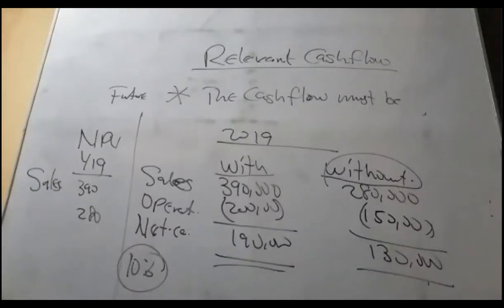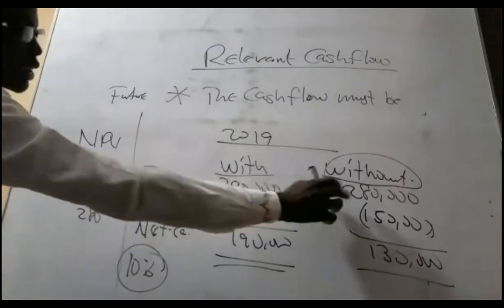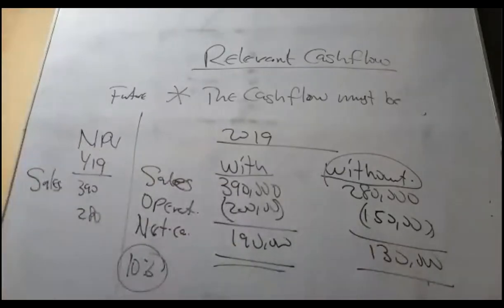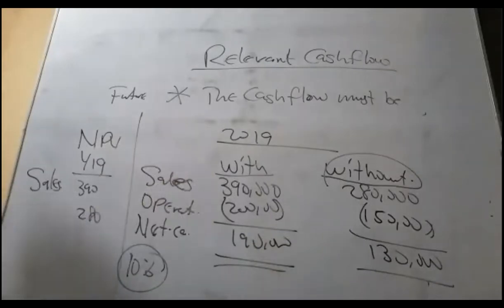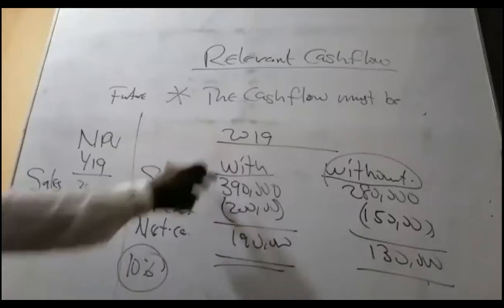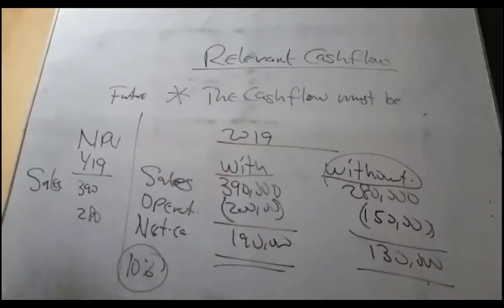If they don't consider the project, the sales would have been 280,000. Right? They should consider the project. Their sales is now 390,000. So which details are you going to use? Are you going to use with the project or without the project to calculate the NPV?